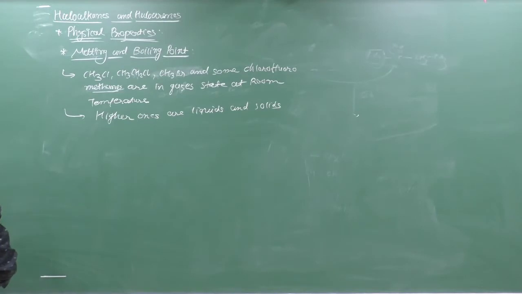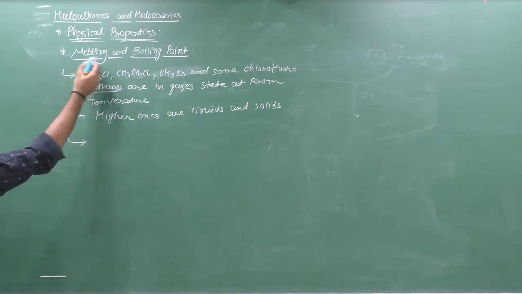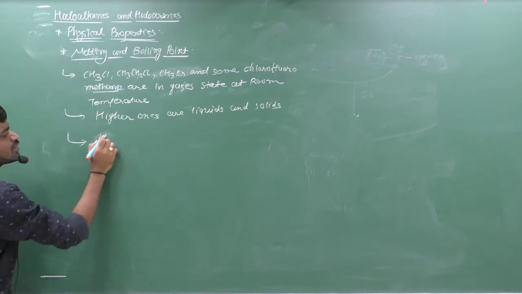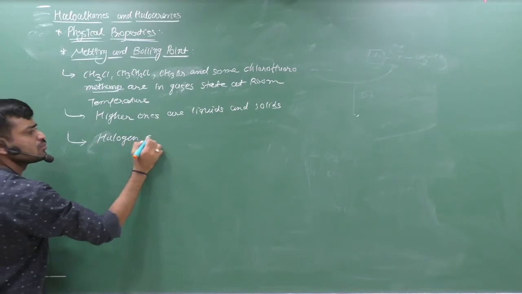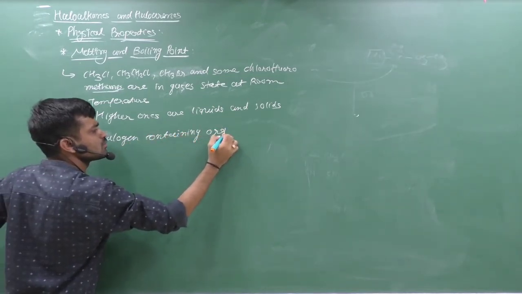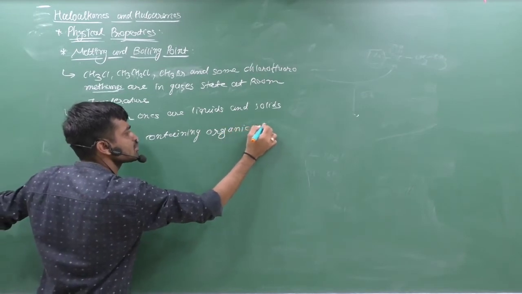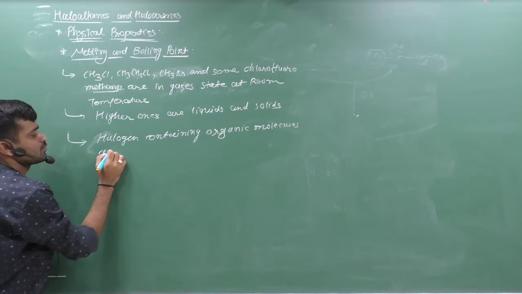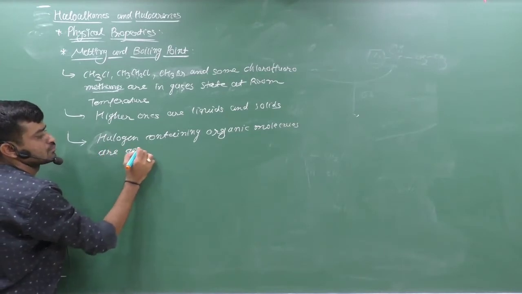Now we can think about the melting point and boiling point. Clear? Halogen containing organic molecules are generally polar.